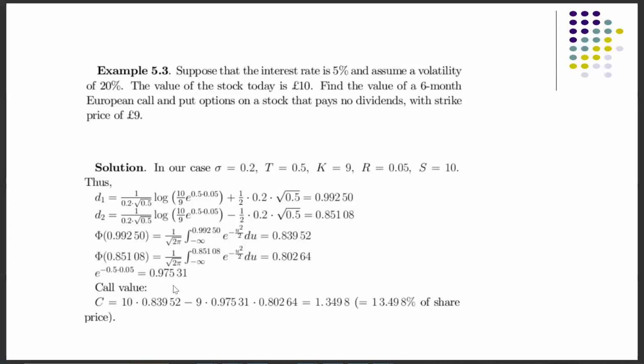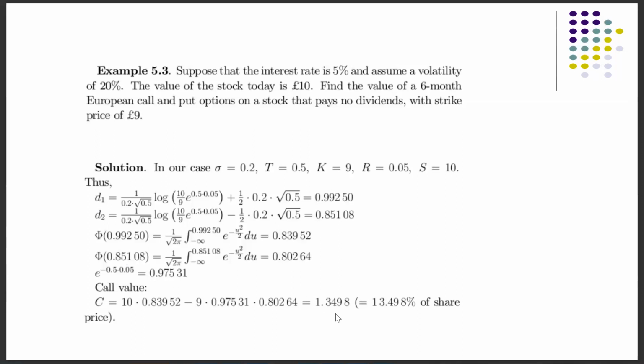And finally, the example. If we have volatility 20%, for example, strike price 9, today's price for the stock 10, and the time to maturity is 6 months, so 1/2 of a year, we can compute d1, d2, after that the normal distribution for these parameters, and the call value will be 1.349.